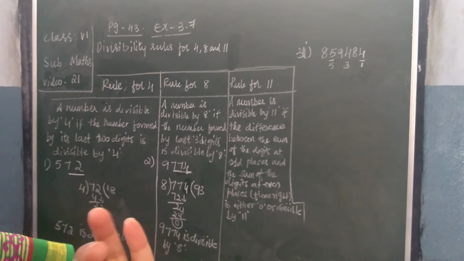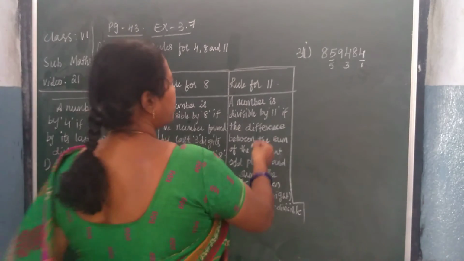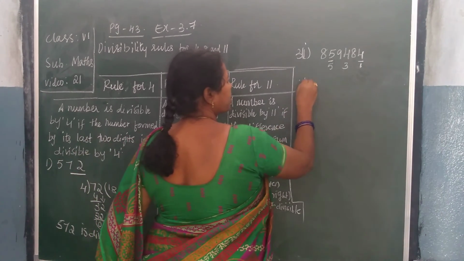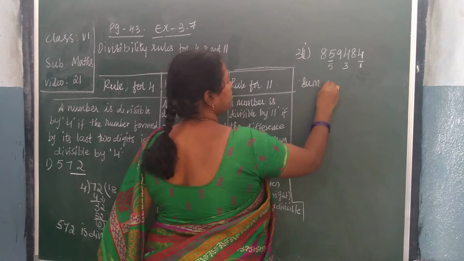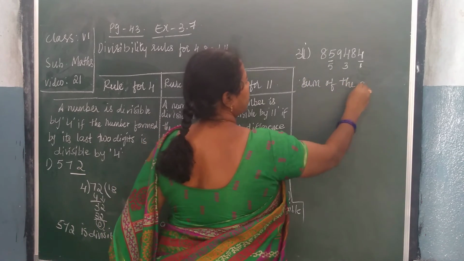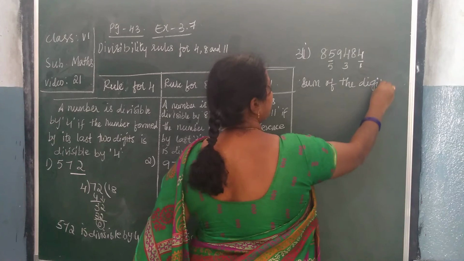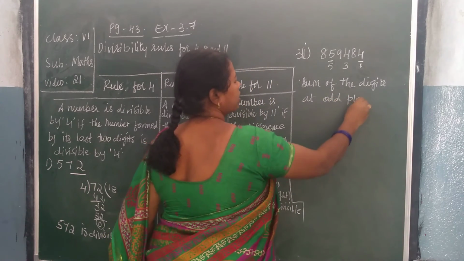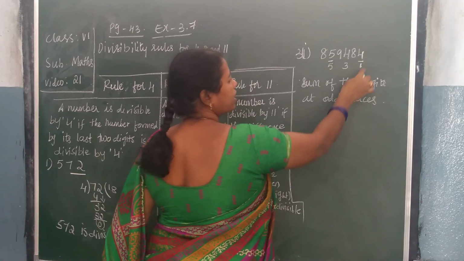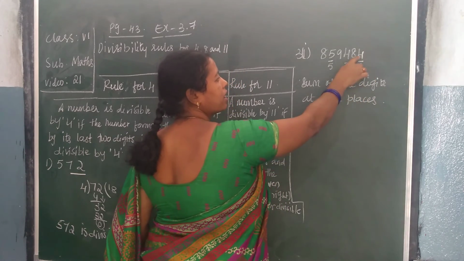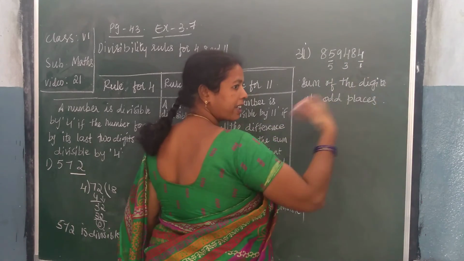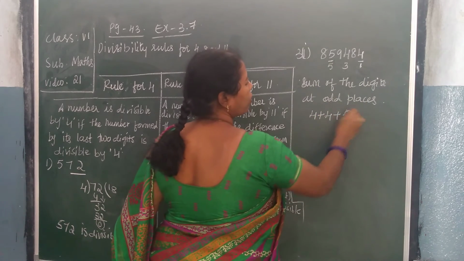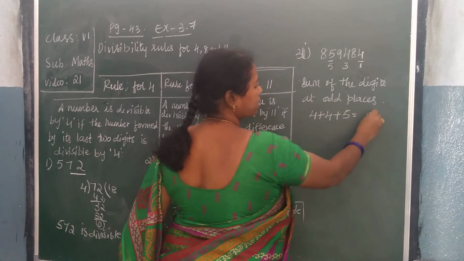Now take the sum of the digits at odd places. What are the digits at odd places? 4, from my right hand side. 4, then plus 5. What is 4 plus 4? 8. 8 plus 5 is 13.